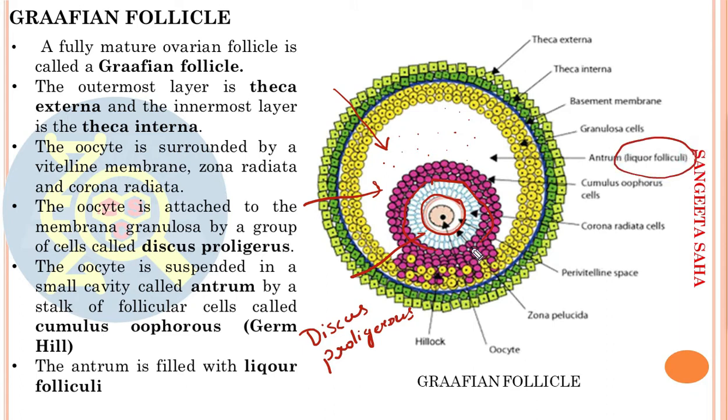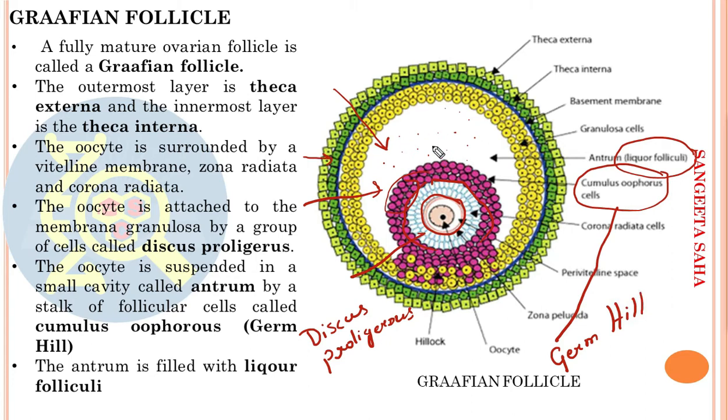If you see the picture carefully, you will find that this secondary oocyte is not floating inside this antrum. Rather, it is suspended inside the cavity with the help of some cells, and these cells are known as cumulus oophorus. This cumulus oophorus is also known as germ hill.